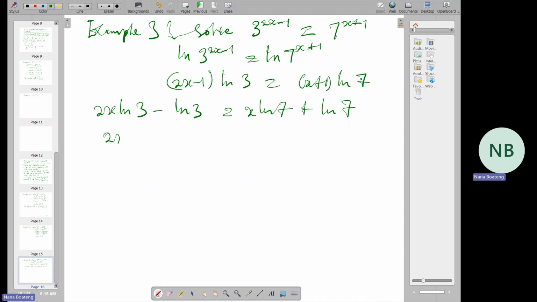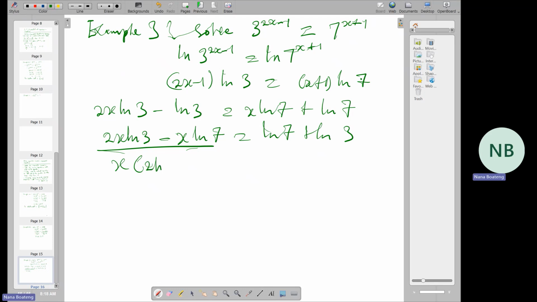So we have 2x natural log of 3 minus x natural log of 7 equal to the natural log of 7 plus the natural log of 3. And so we can factor x out of this. So we have x times 2 log of 3 minus log of 7 is equal to the log of 7 plus the log of 3.